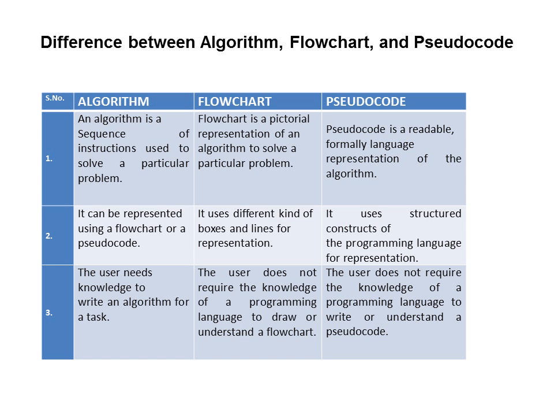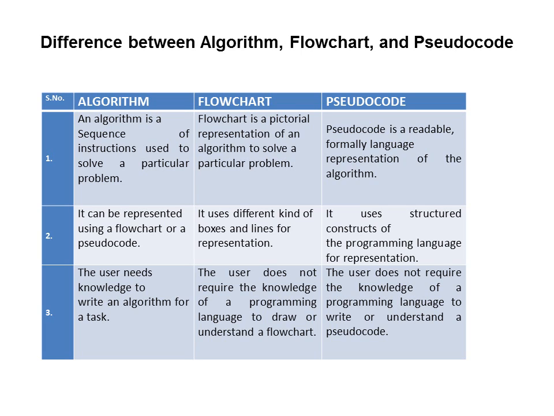Here I am showing the difference between algorithm, flowchart and pseudocode. An algorithm is a sequence of instructions used to solve a particular problem. A flowchart is the graphical representation of that algorithm, and pseudocode is normal readable code to represent the algorithm.